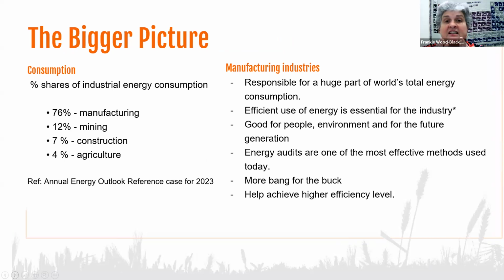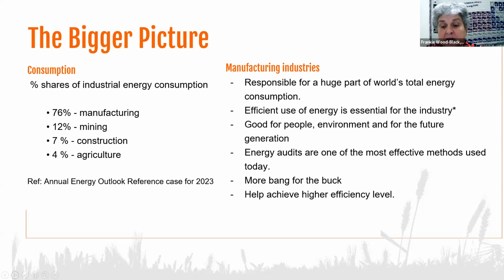So the bigger picture. Just to give you an idea of energy consumption on a national basis. This data came from the Annual Energy Outlook reference case for 2023, and that's the most recent data that is available. But manufacturing accounts for a 75% share of energy consumption.